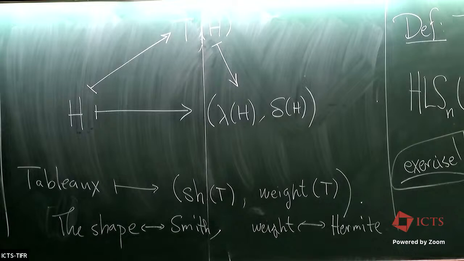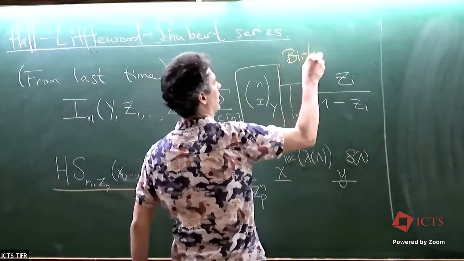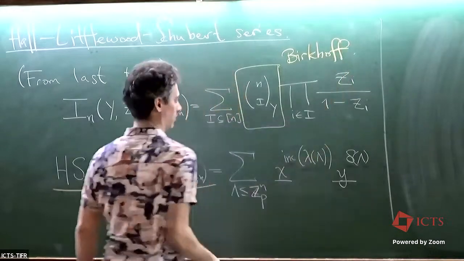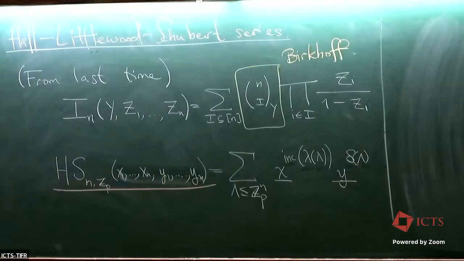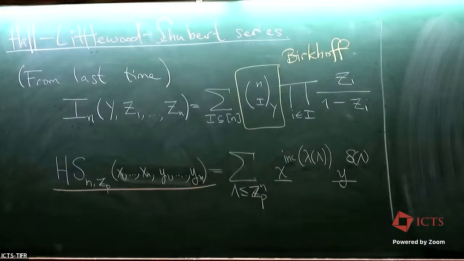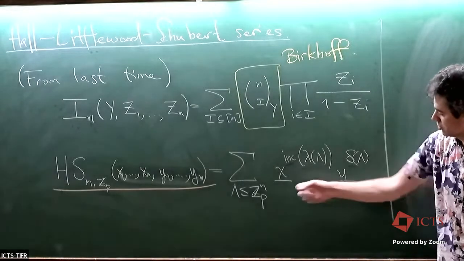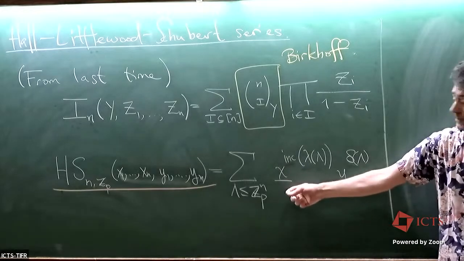This came from the Birkhoff factor. Of course, there are other interpretations as well. I view this as the Birkhoff coefficient, and this was keeping track of the fiber sizes when you take a lattice and you map it to a partition through its elementary divisors. Here now we're keeping track of two pieces of data simultaneously.